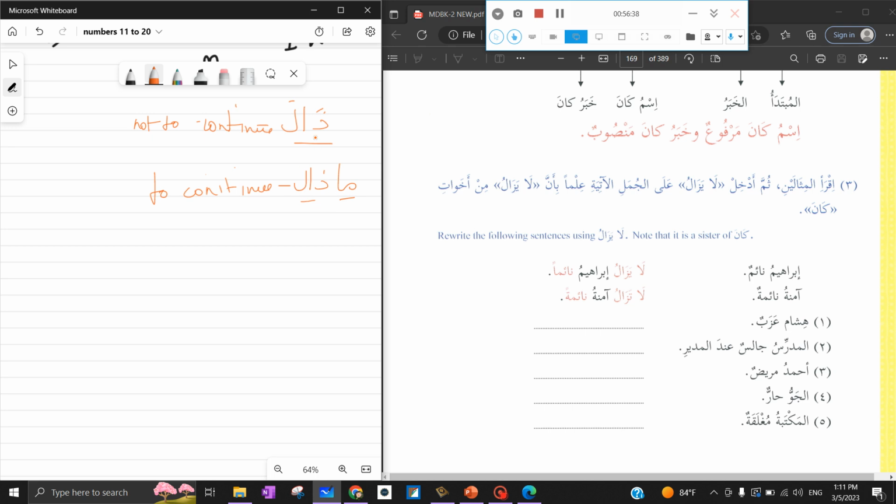This is for past. When you want to say in the past he continued to do, you will use mazala. When you want to say it in present, you will use the present tense of zala, that will be yazalu. So this means not continuing. This is present.